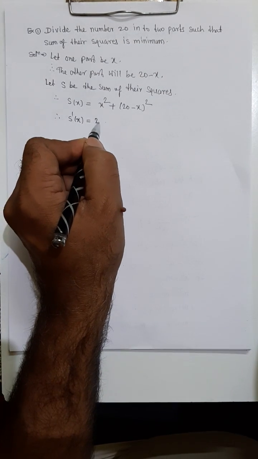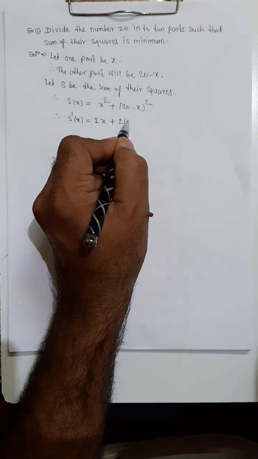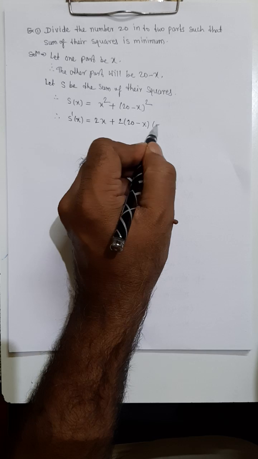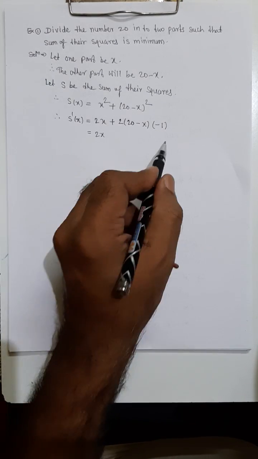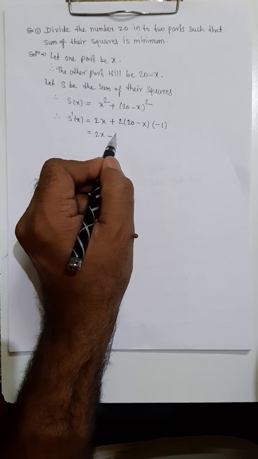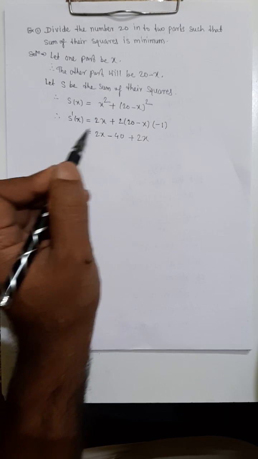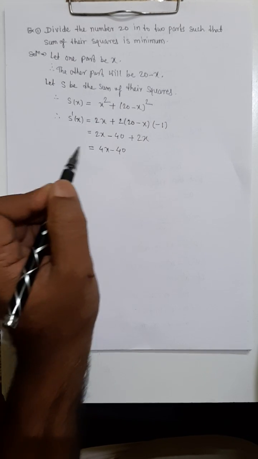So the derivative of x square is 2x, plus the derivative of the second term, 2 into 20 minus x into the derivative of 20 minus x, which is minus 1. So it is 2x minus 2 into 20 minus x, that is 2x minus 40 plus 2x. So 2x plus 2x is 4x minus 40.